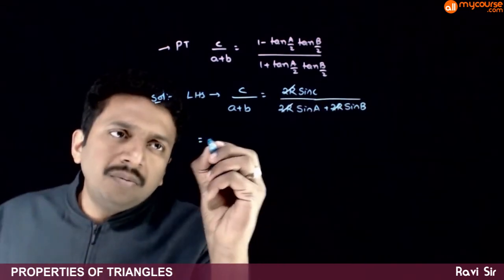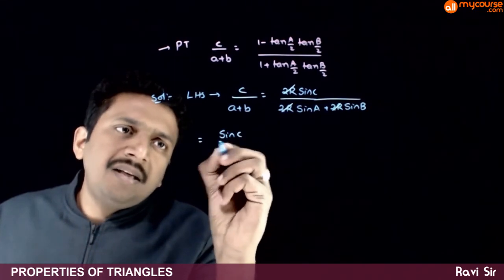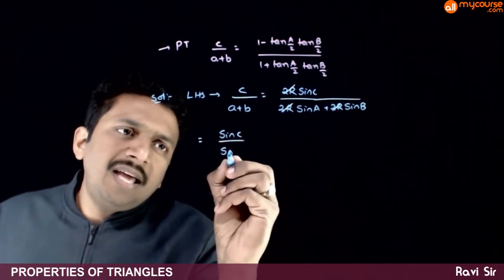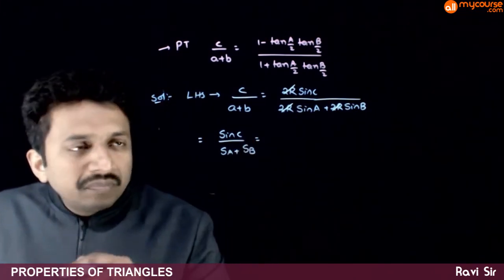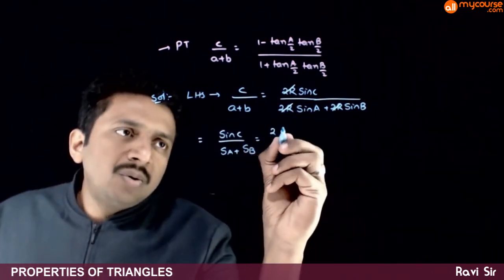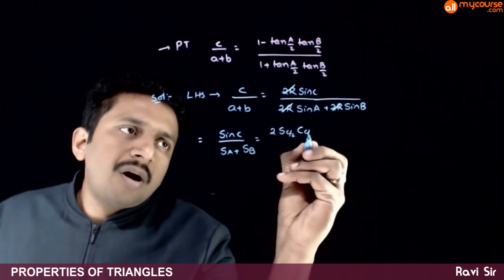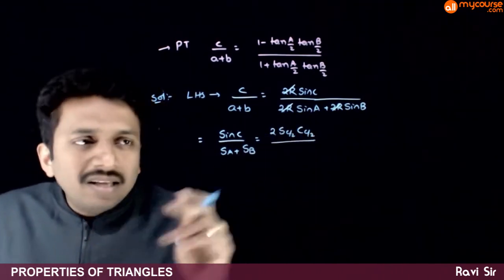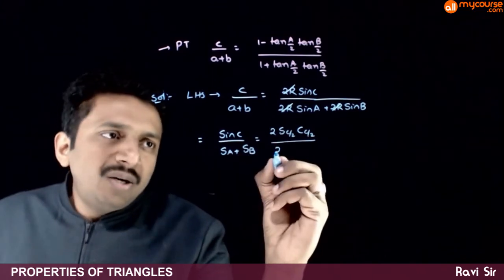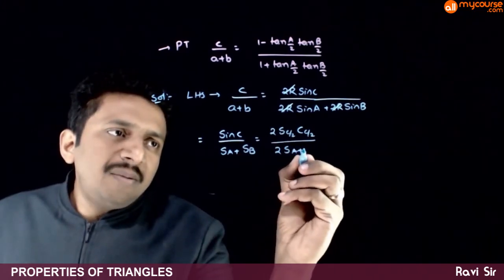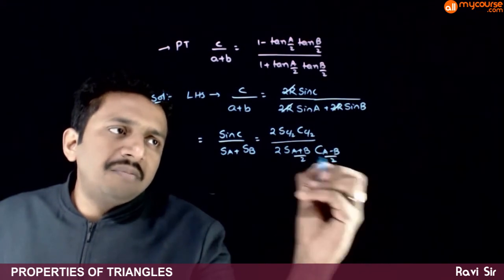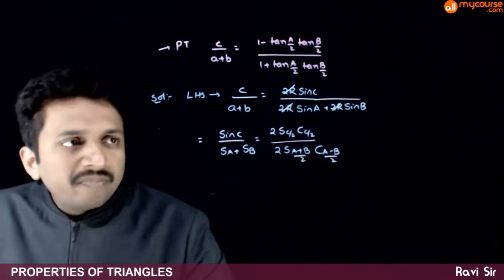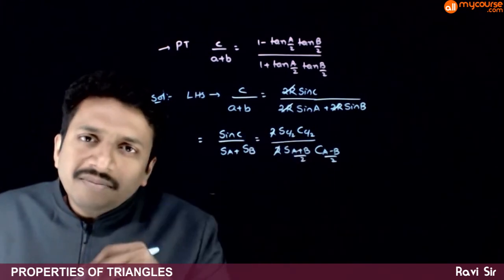So this is equal to sine C by sine A plus sine B. That is equal to, so sine C can be written as 2 sine C by 2 cos C by 2 divided by, what is sine C plus sine D? 2 sine C plus D by 2 into cos C minus D by 2. So 2 and 2 gets cancelled.